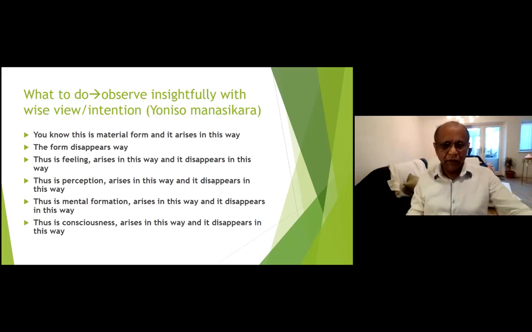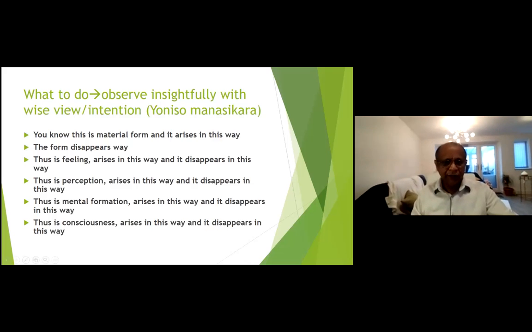Okay, then what are we going to do? We need to contemplate on these mental objects, the five aggregates. So how do we do that? This is a material form and it arises in this way. So you know now how the baby came to your mind.